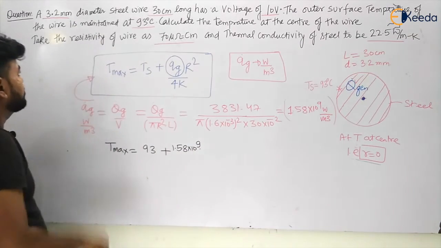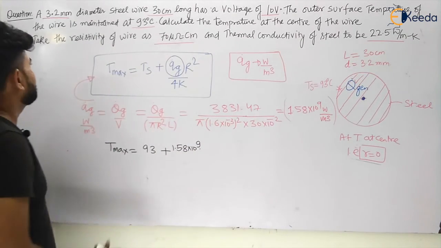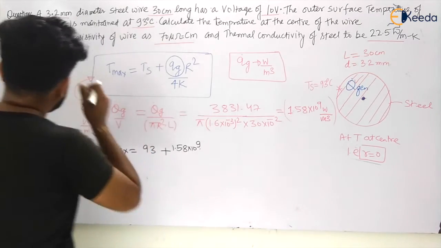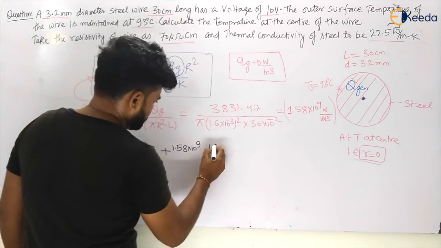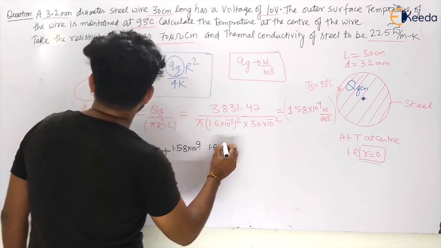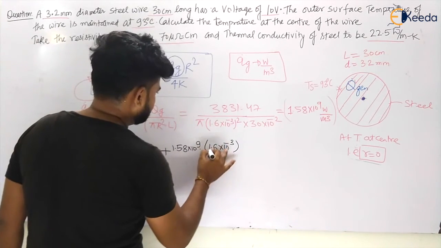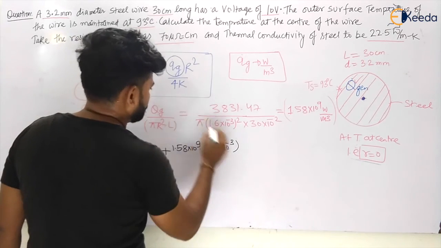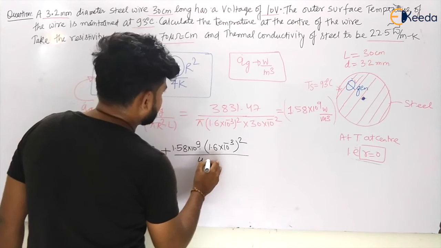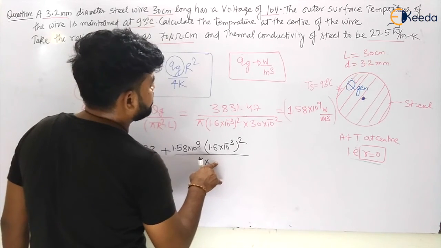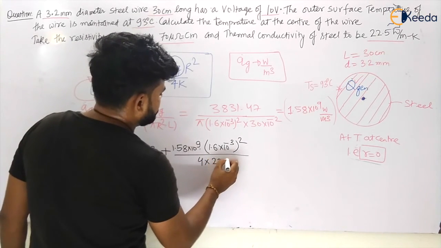What is your R? Radius for this wire will be 3.2 divided by 2. This will be 1.6 into 10 to the power minus 3 meter, R square divided by 4K. So 4 into K. What is the K? Conductivity of the wire is given to be 22.5, my dear students.